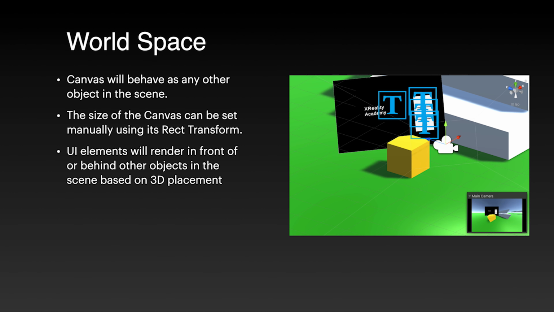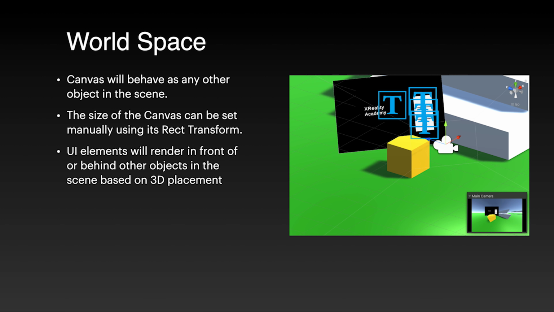Okay, so the third one will be world space. World space means that you put your UI in the 3D space, and this UI will be treated as one of the 3D objects. Imagine, for example, in the real world, you read a book, right? And the text is on the book.